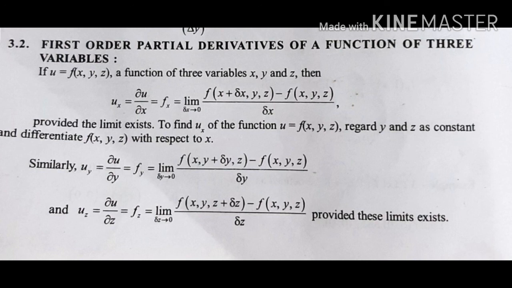Similarly for fy, limit delta y tends to 0 of f(x, y plus delta y, z) minus f(x, y, z) divided by delta y. And for the variable z, fz is equal to limit delta z tends to 0 of f(x, y, z plus delta z) minus f(x, y, z) divided by delta z, provided all these exist.